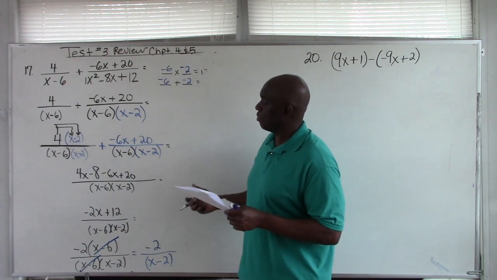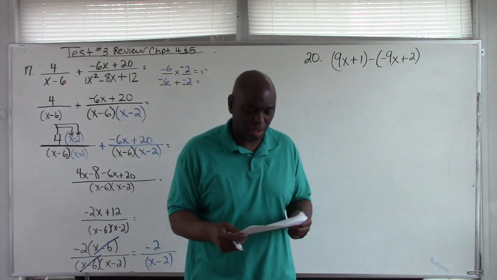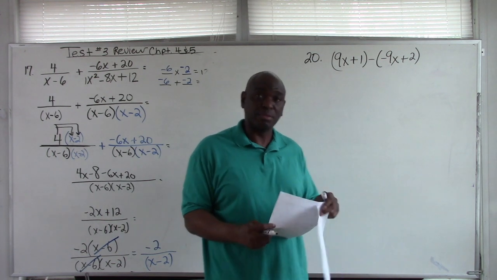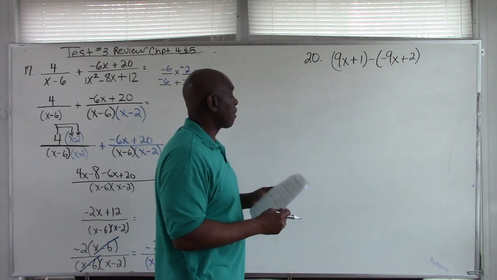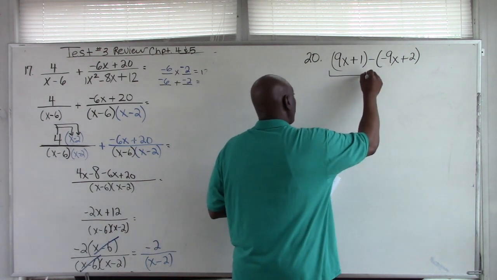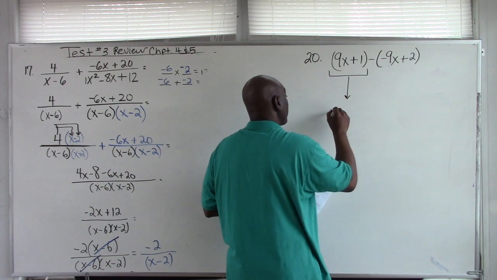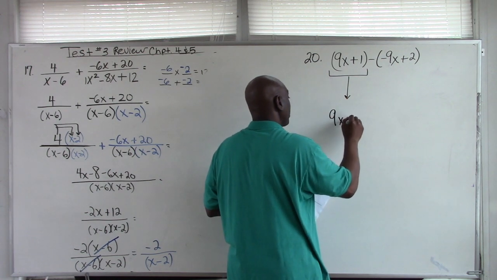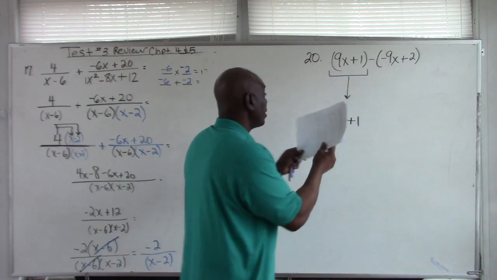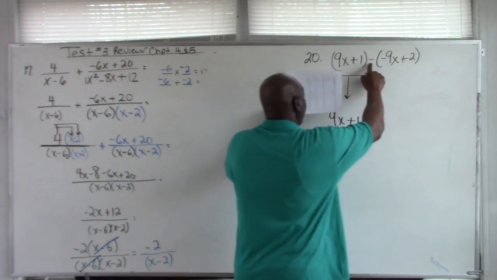I erased it. What number was that? It was number 16. Just like 16. So, rewrite the first polynomial without parentheses. It's going to be 9x plus 1.